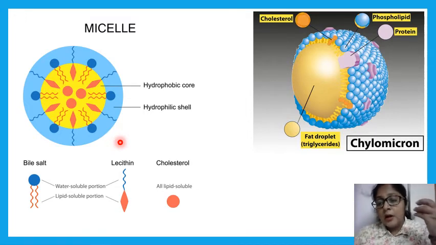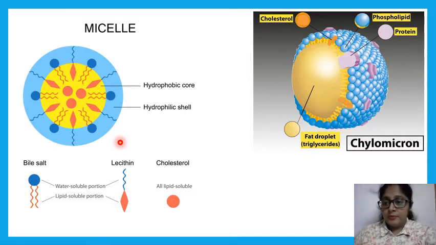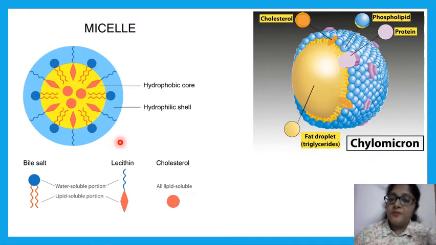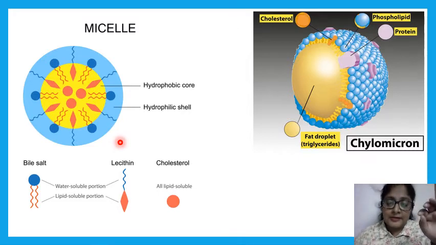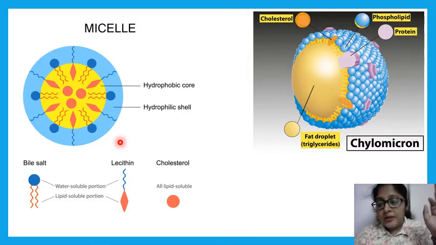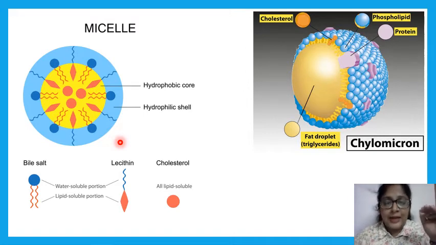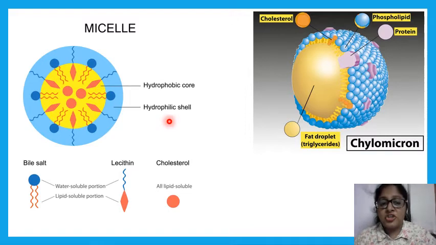The amount of bile salt necessary for the formation of a micelle is known as the critical micellar concentration. These are small lipid droplets of 4 to 7 nanometers, and as you can see over here, they have a hydrophobic core area and a hydrophilic shell area.